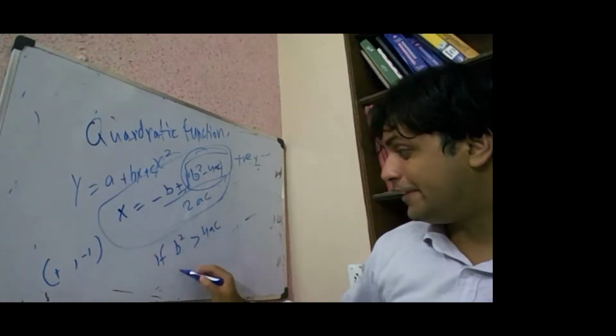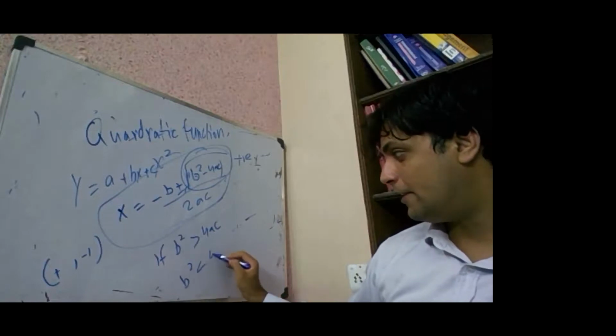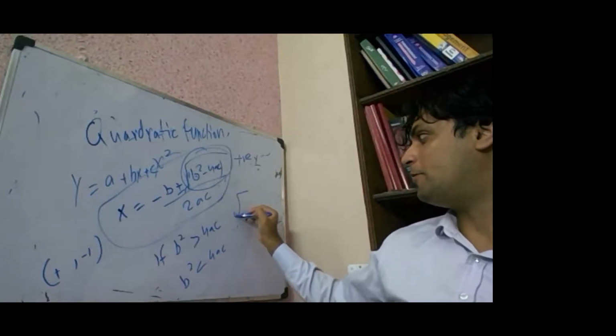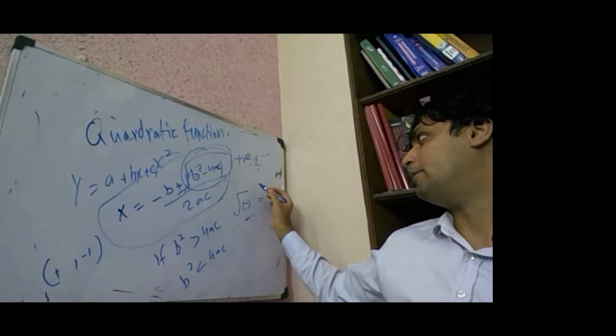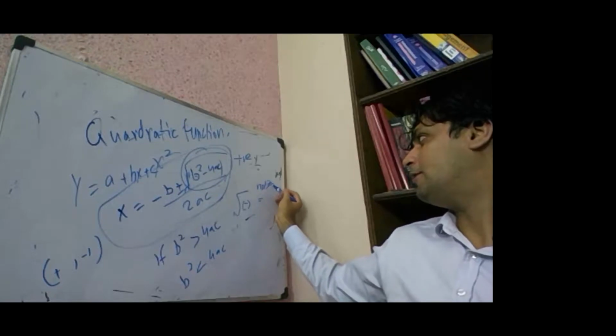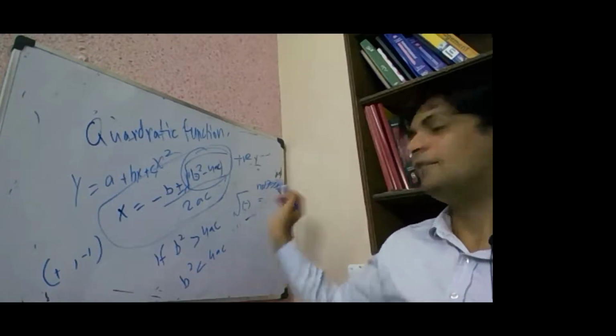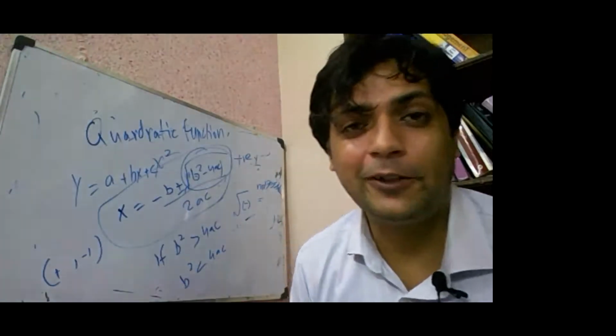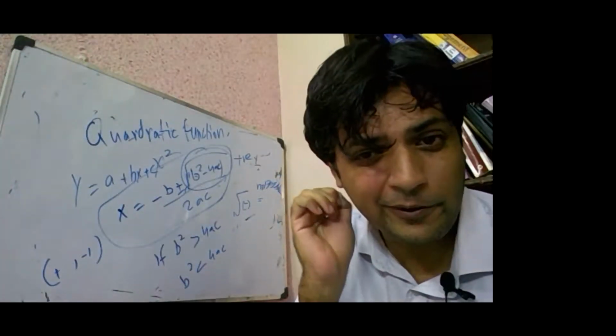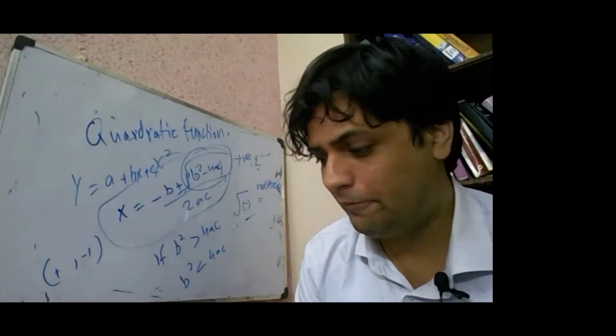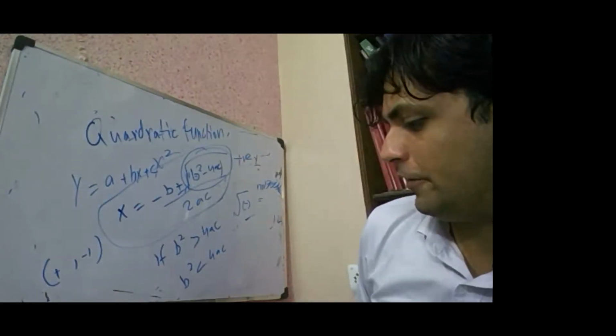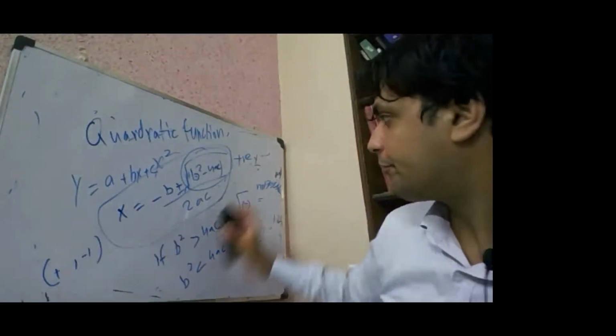But if this is less than 4ac, it means the square root of a negative, it's not possible. So it's not real. In a non-real phenomenon, we have to look for the complex roots.